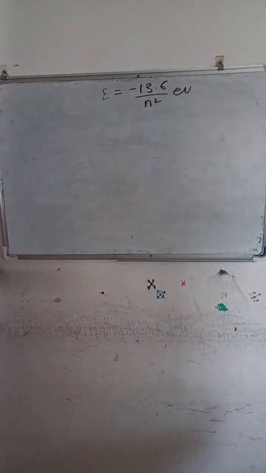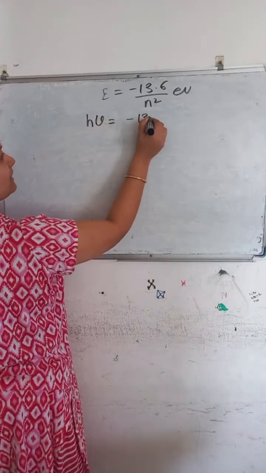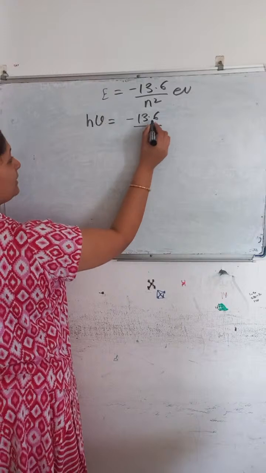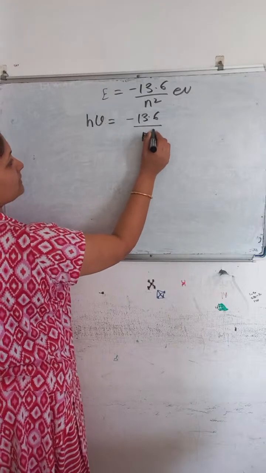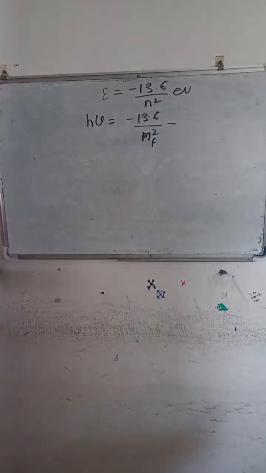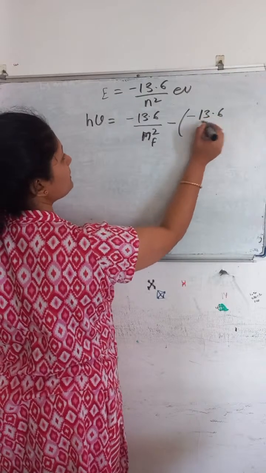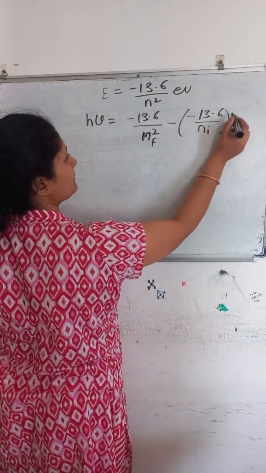And what I will do now here, E is nothing but we can write h nu, and here I will write minus 13.6 upon Nf square, minus of minus 13.6 upon Ni square.